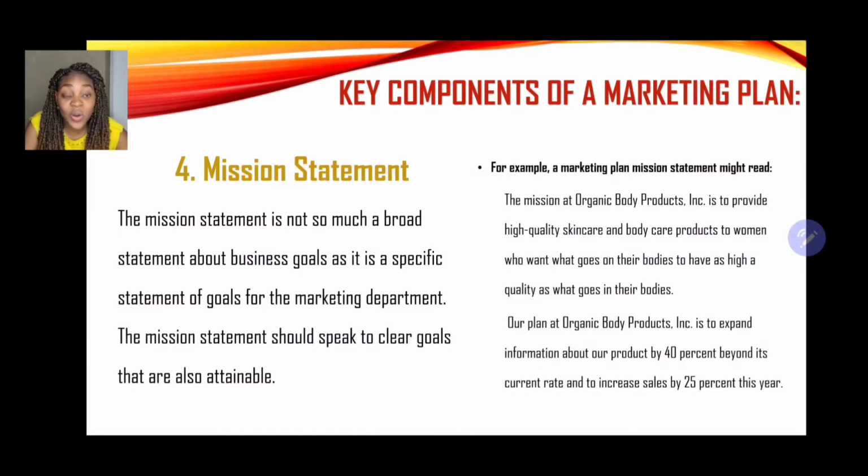Our plan at Organic Body Products Inc. is to expand information about our product by 40% beyond its current rate and to increase sales by 25% this year. Now, that is an example of a marketing mission statement, all right?